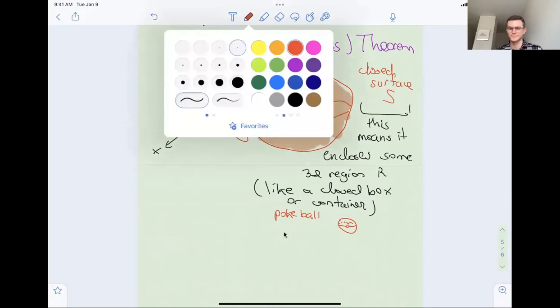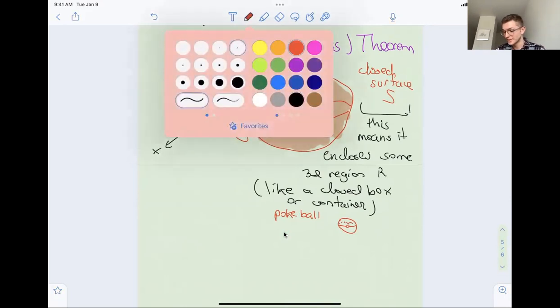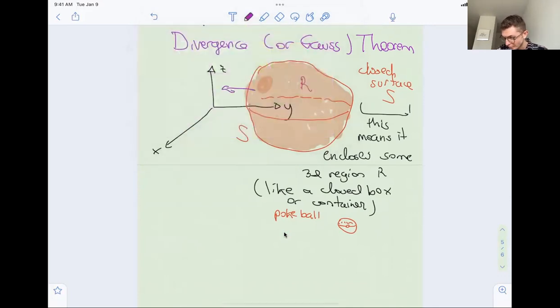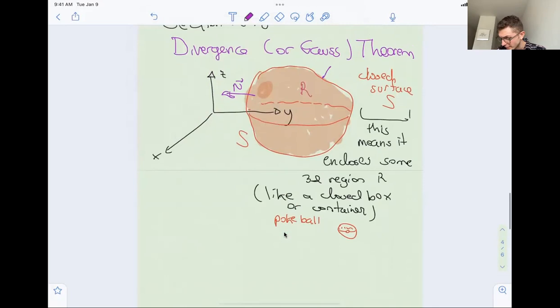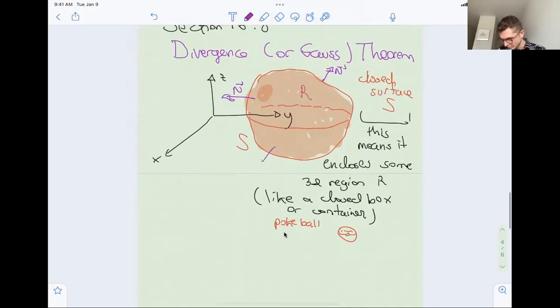Because it's closed, it does make sense to talk about the normal vector that points away from the surface. So there's a normal vector to the surface that's pointing away from it. Here n points away from the surface.